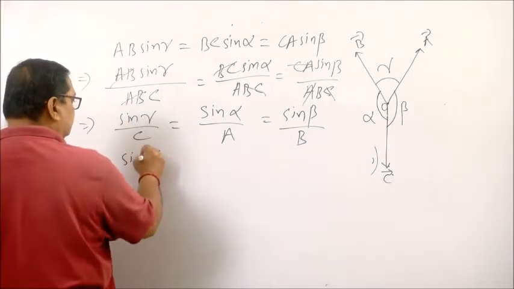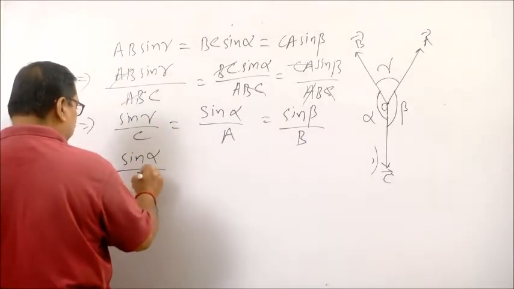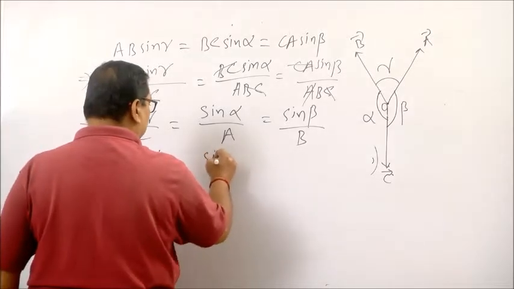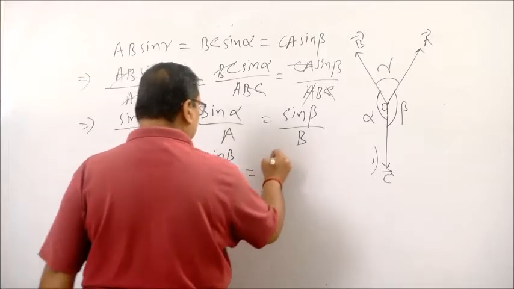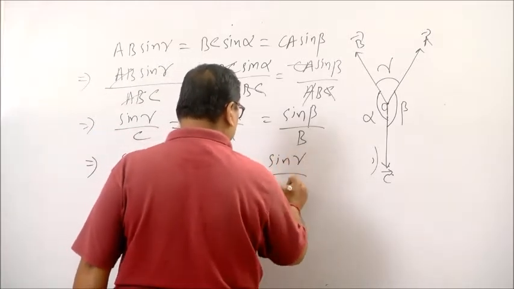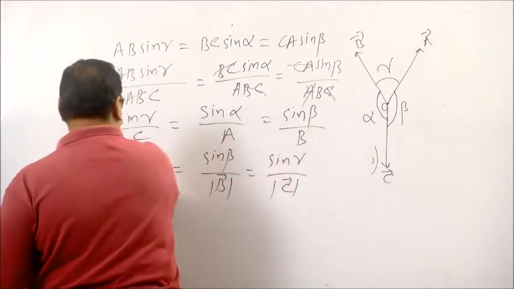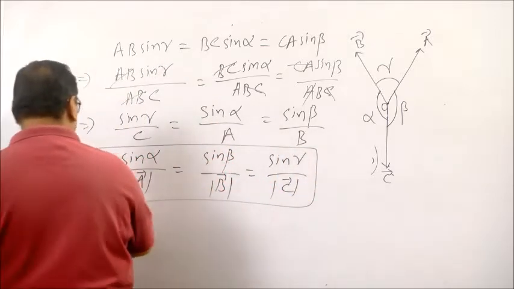This is sin alpha by modulus A equal to sin beta by vector B equal to sin gamma by vector C, which is Lami's theorem, proved.